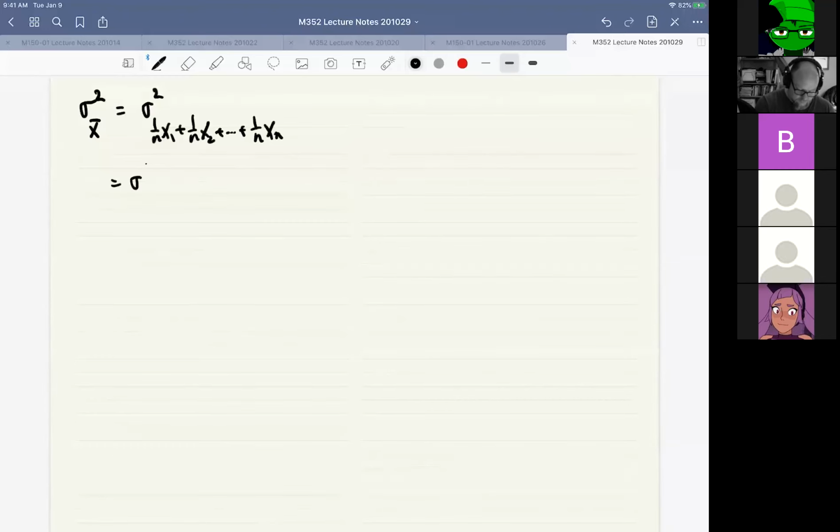And I said that the variance of a sum is the sum of the variances. So we can rewrite this as a combination of variances. And then what? Oh, then that scalar comes out as a square.